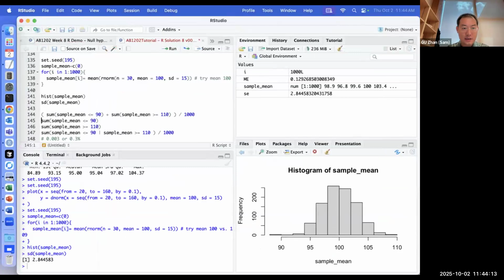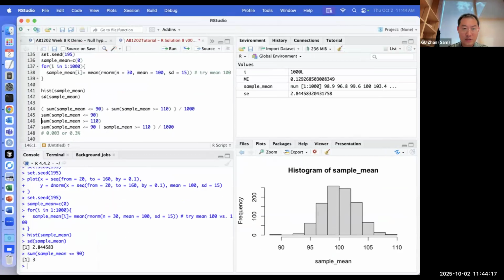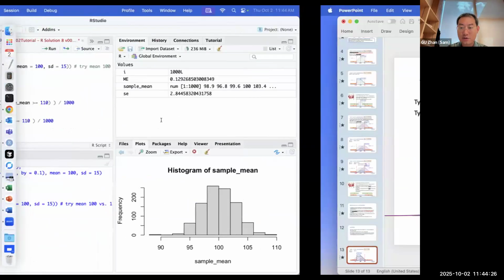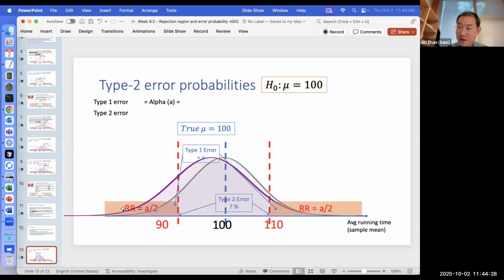So how many are smaller than 90? 3. How many are greater than 110? 0. Sum them together, 3 plus 0 is 3. So 3 sample means here, 0 sample means here, out of this 1,000.